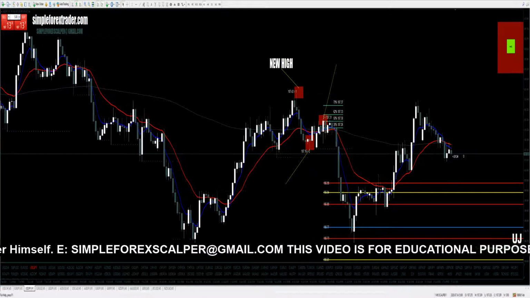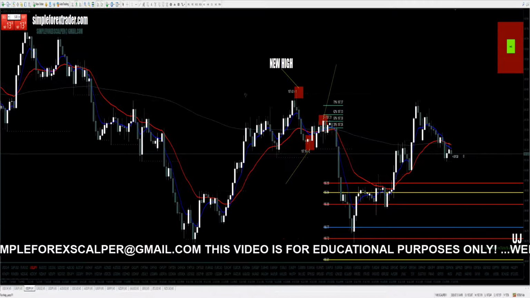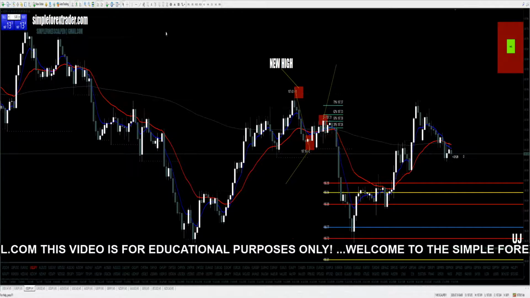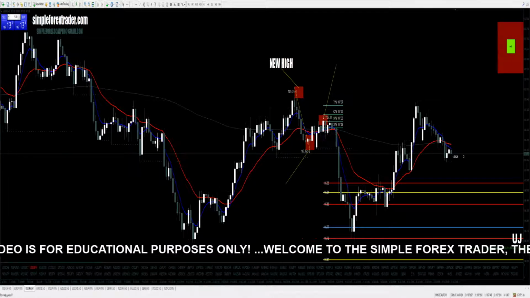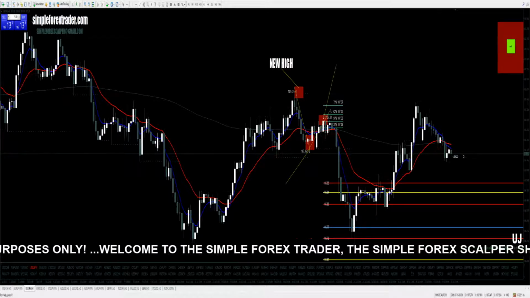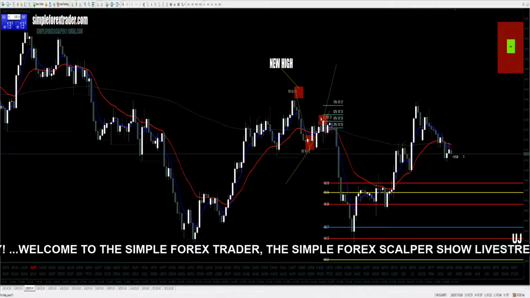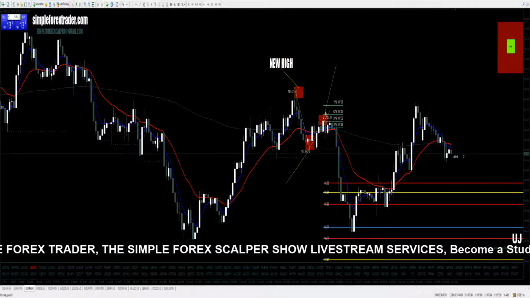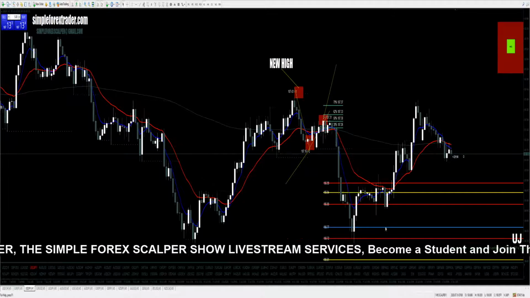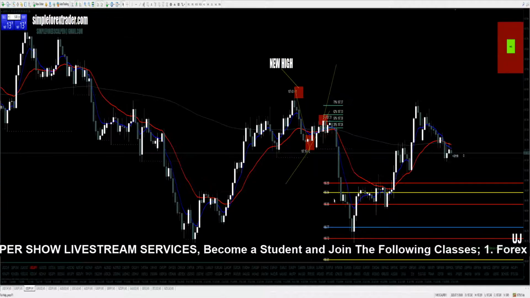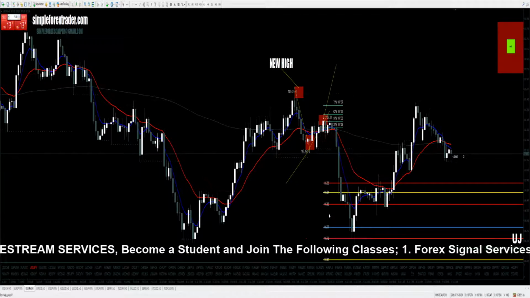That's when you plot the 1, 2, 3. So if you plot it like a line here, a 1 to 2, and then a 2 to 3, therefore you have your 1, 2, 3, and it will give you the take profit targets automatically for you.